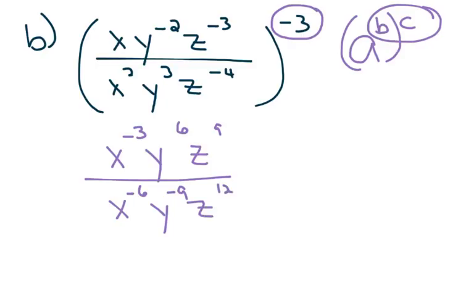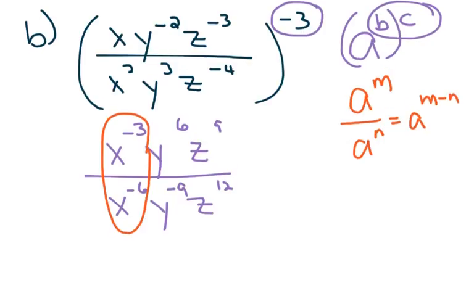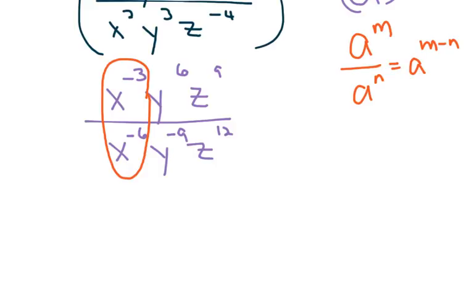So now I've dealt with the -3. Now I'm going to simplify these. When you have like terms being divided, the property of exponents says to subtract them. So be very careful the order of subtraction. It's always numerator minus denominator.